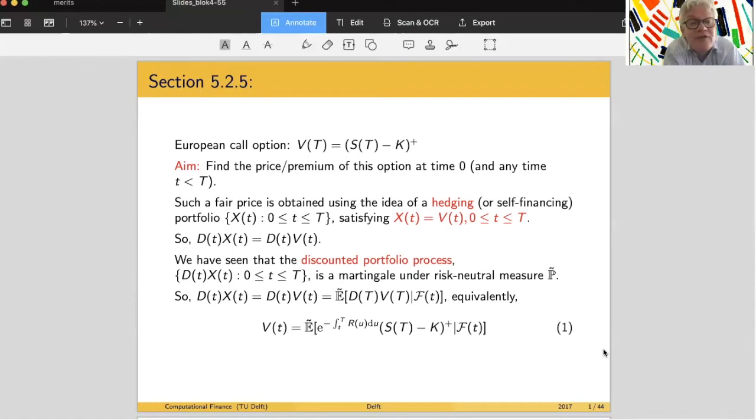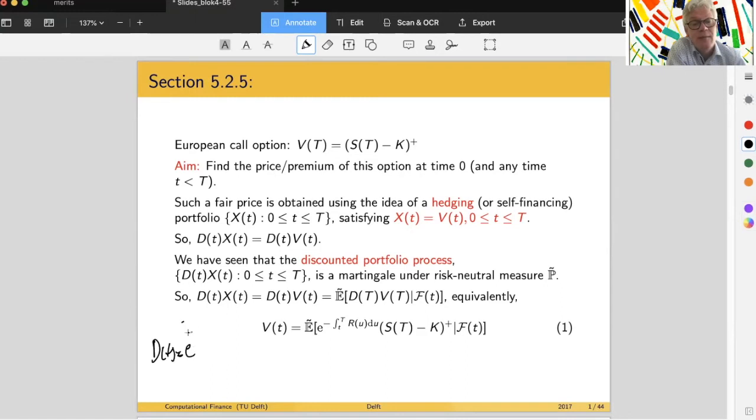Now, last time I've shown you the discount is e to the power minus the integral from 0 to t of R_s ds.